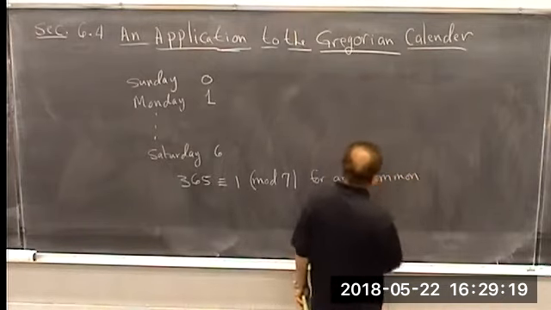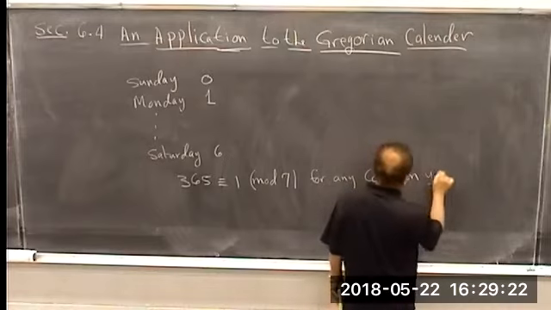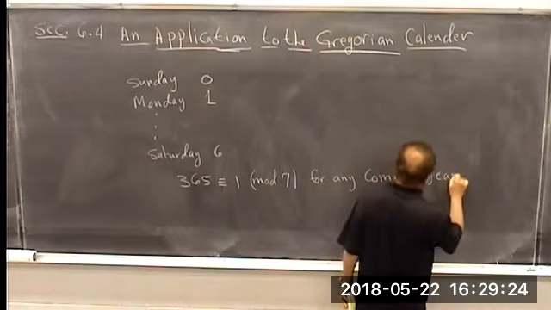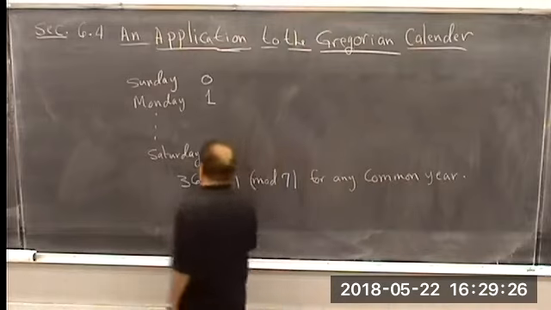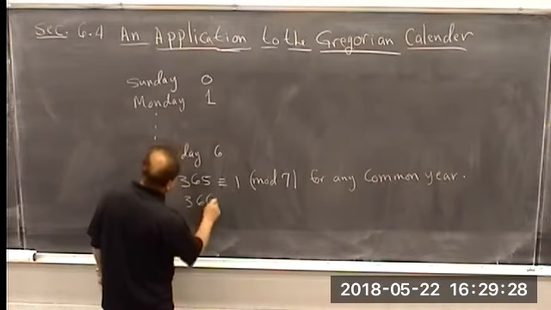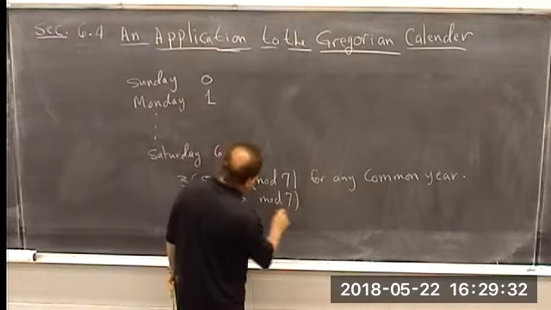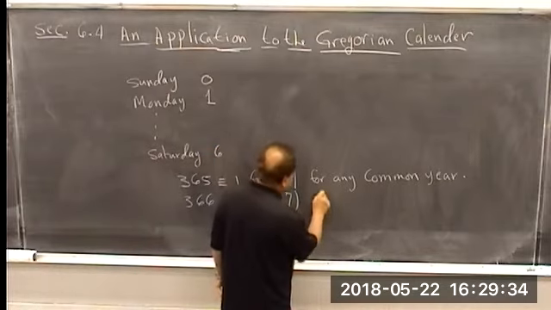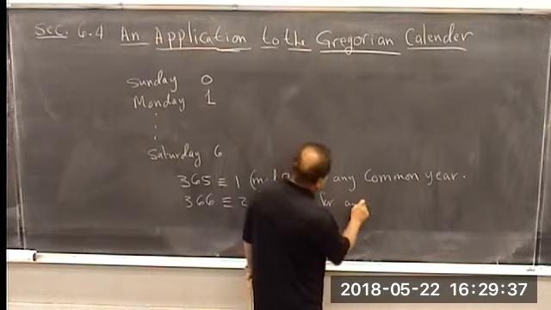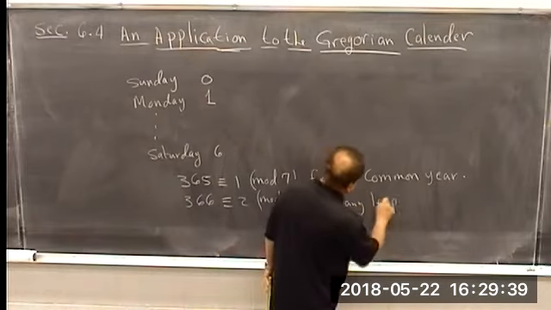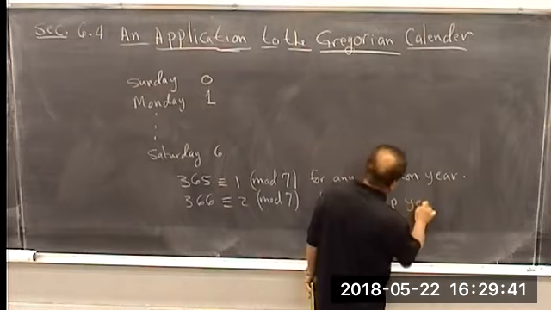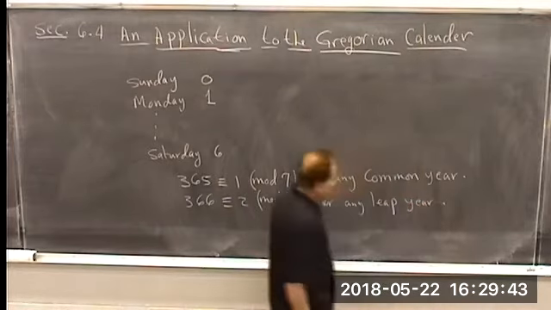Remember, common year is the 365 days. And we have 366 is congruent to 2 mod 7, for any leap year, including the century years, of course, that are leap years.